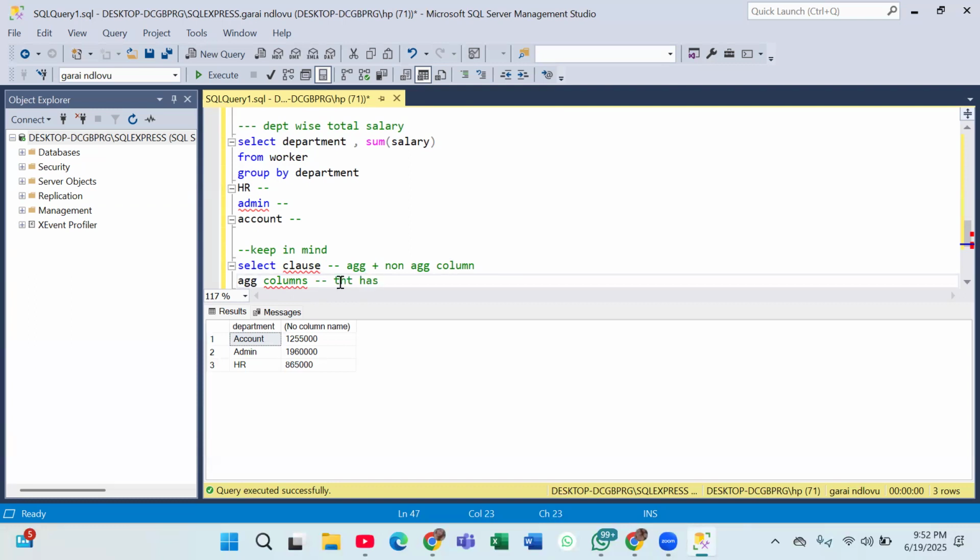That has all these functions that you're talking about: sum, max, min, count, average. Any column that uses any of these functions will be considered an aggregate column.